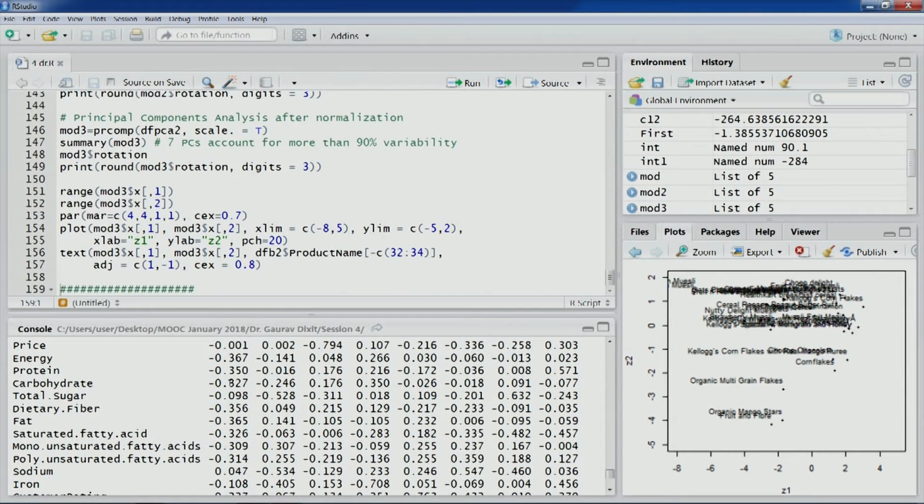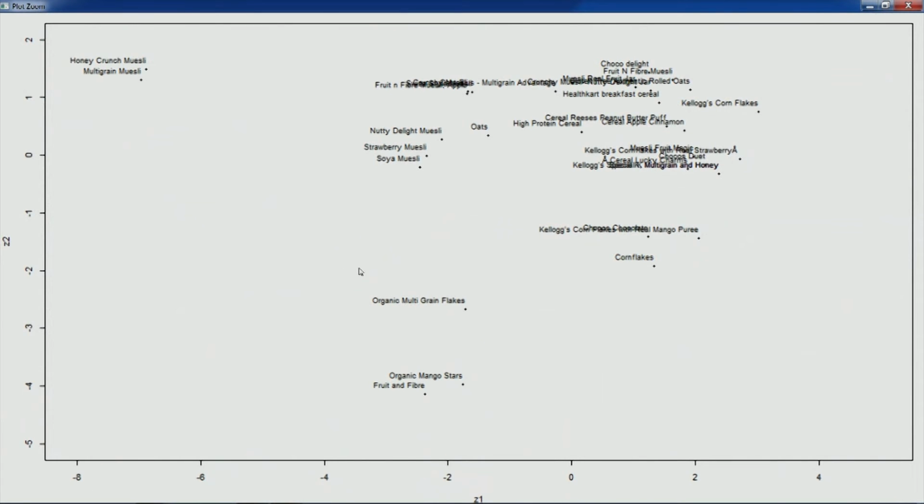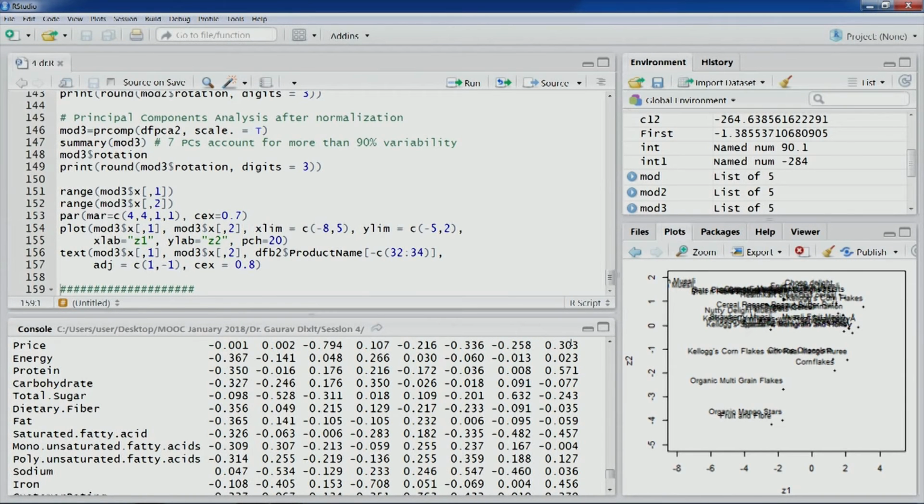Similarly, carbohydrate, fiber. So all these decrease as we move from left to right, so probably less healthy options are more clubbed on the right side of this particular plot. So this is how we can analyze.